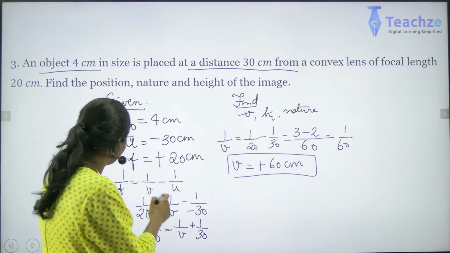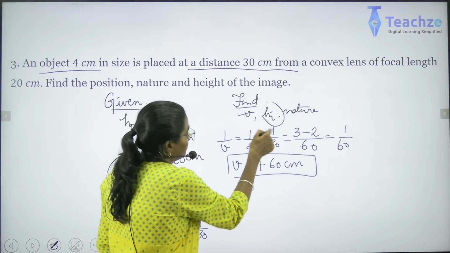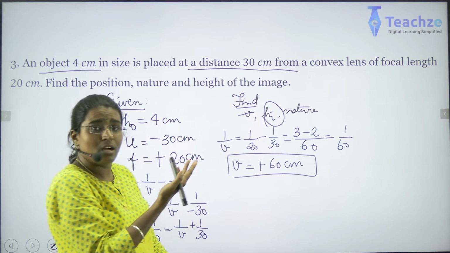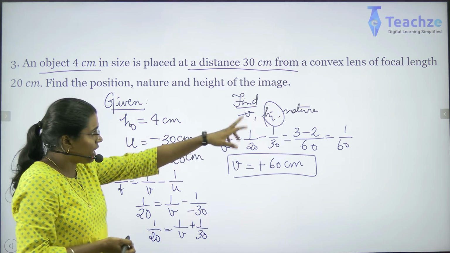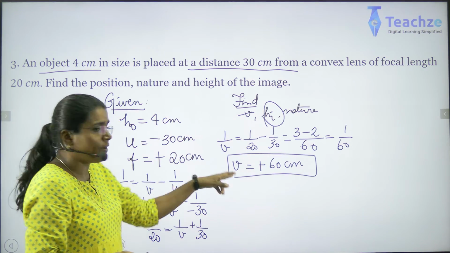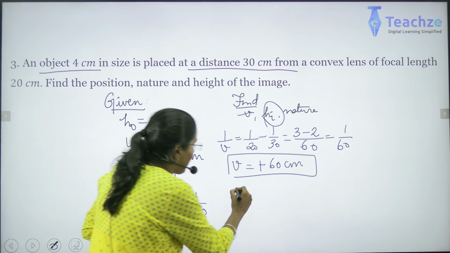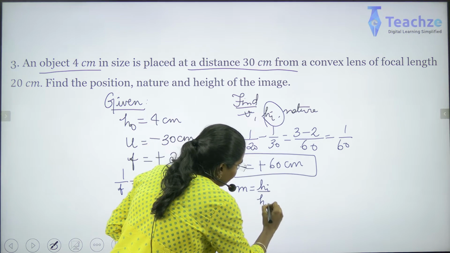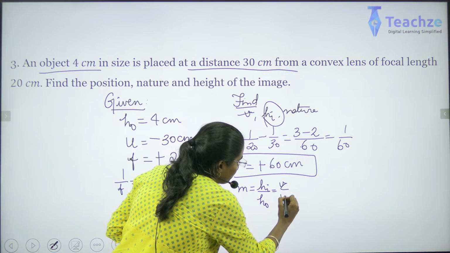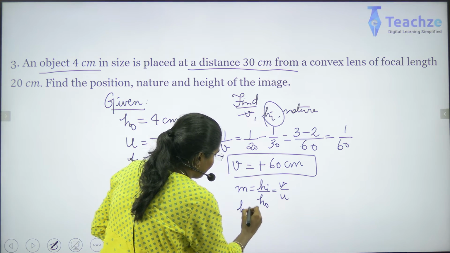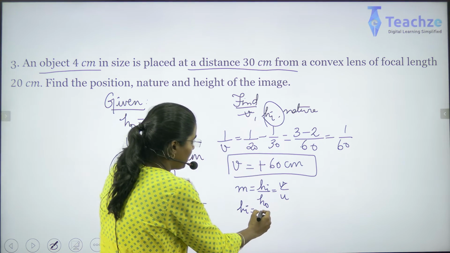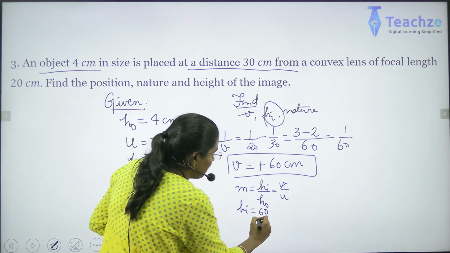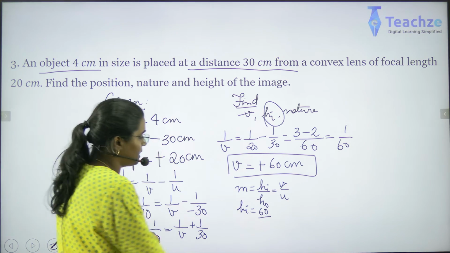Fine. Next, we have to find HI, right? What is the relation between HI, HO, U, V? Yes, magnification. HI by HO equal to V by U. When you do this, HI will be equal to V, which is 60, by U, which is minus 30.